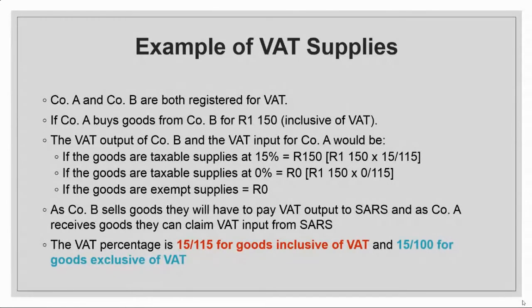Okay, now what is important in the questions for you guys to note, and this is also where a lot of students go wrong. Make sure that you read properly. Are the amounts inclusive of VAT or are they exclusive of VAT? As you can see on the screen, if it's inclusive, we divide it by 115.